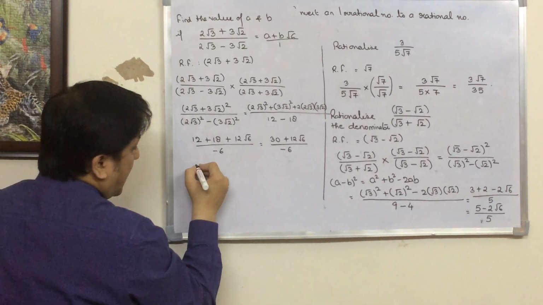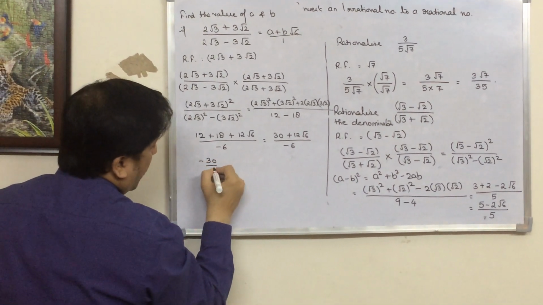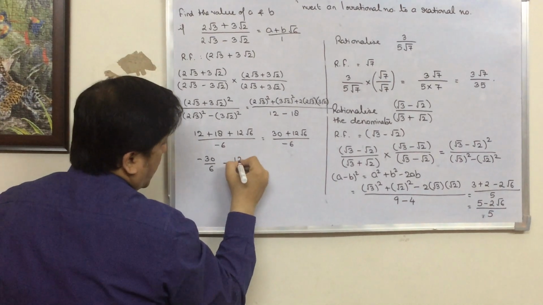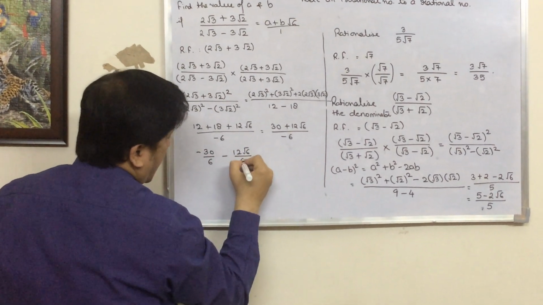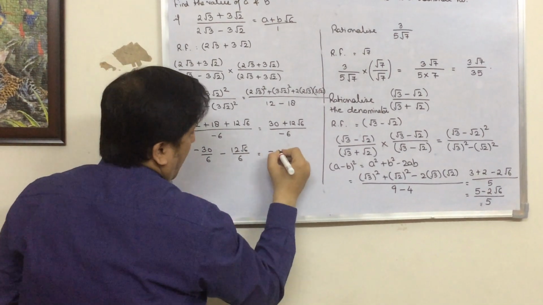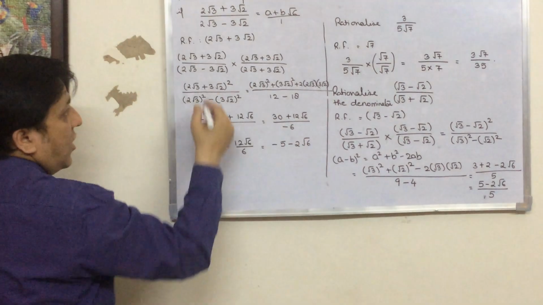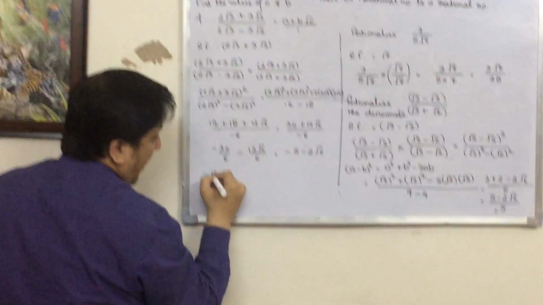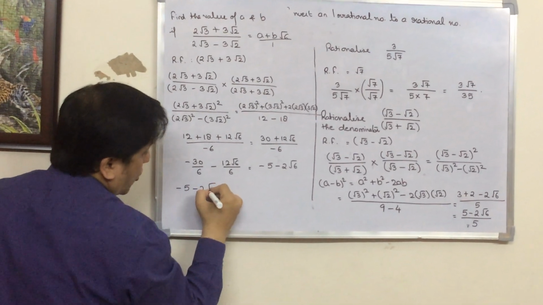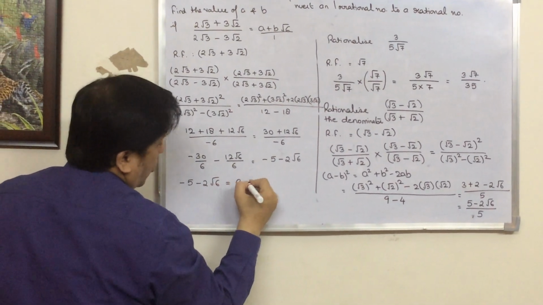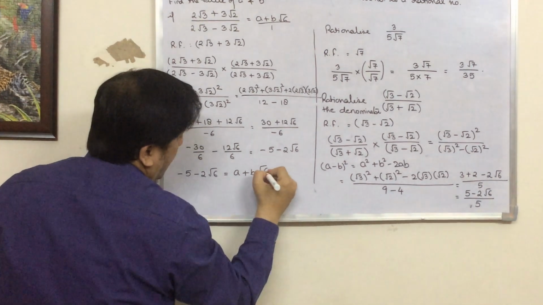If I split it, I get minus 30 upon 6 minus 12 root 6 upon 6. This gives me minus 5 minus 2 root 6. So on the left hand side I get minus 5 minus 2 root 6, which is equal to A plus B root 6.